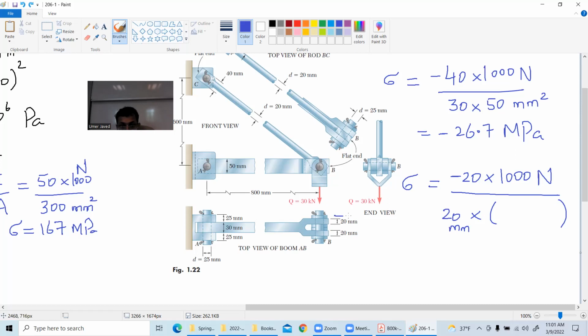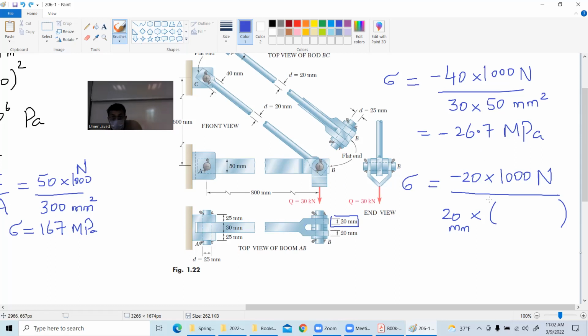Because you see, this thickness is 20. So when the force has to go here, it will be divided into two parts. Yes, 20 here. And your question is, why did I put a 20 here? Yes, because if I remember, this portion had 40. So 20 and 20. That's why I went for it.